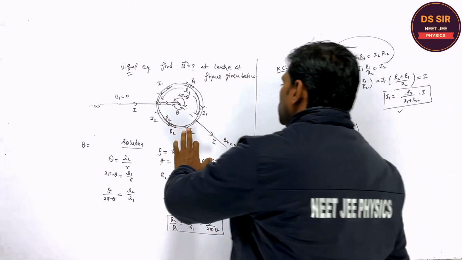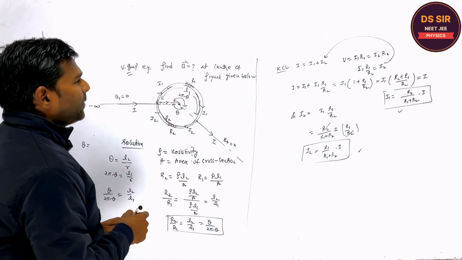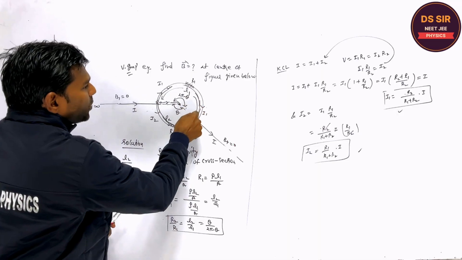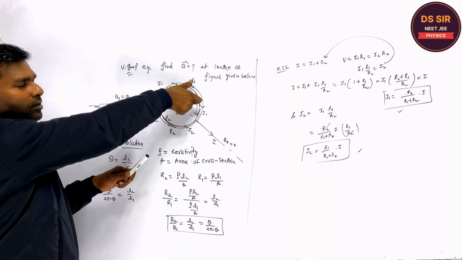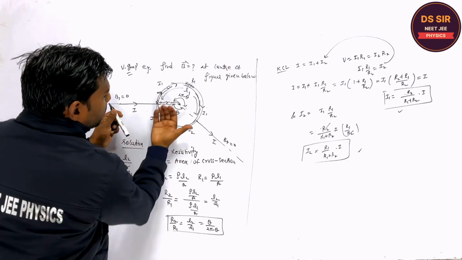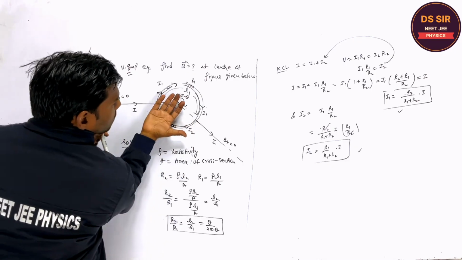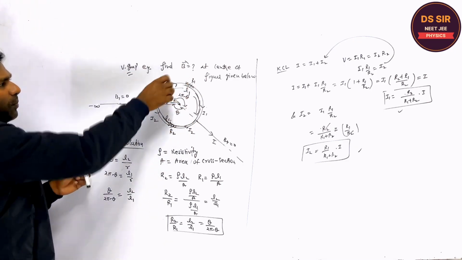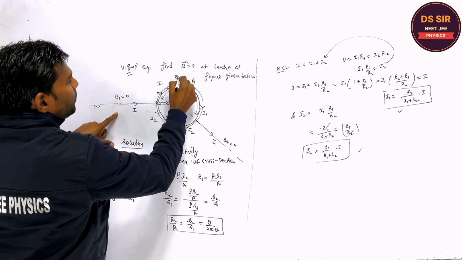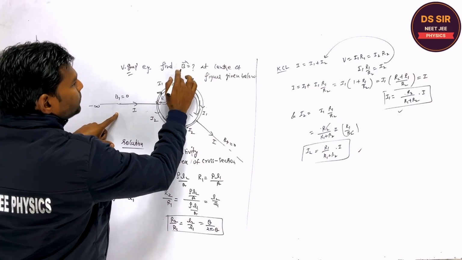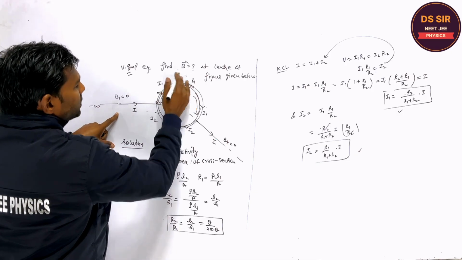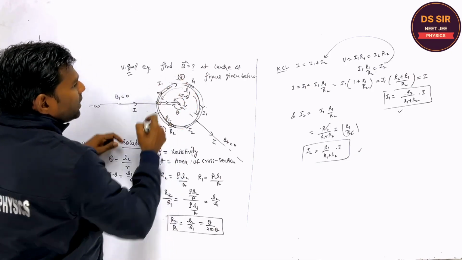Okay. So now we find the B1. Because of this part, the B1 is into the board. And because of this part, B2 is out. Suppose this is the second part and this is the third part.